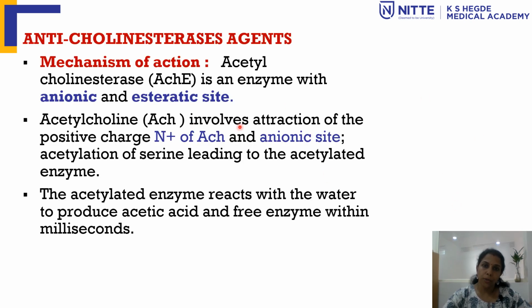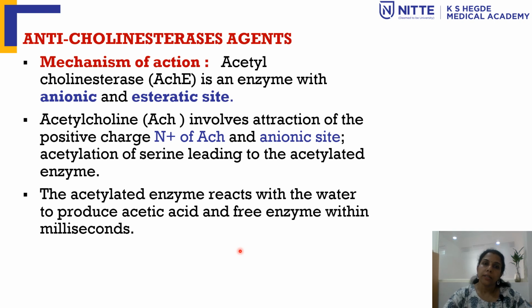So, as I told you, the acetylcholinesterase enzyme has an anionic site and an esteratic site. There is electrostatic attraction of the N plus of acetylcholine to the anionic site, and a nucleophilic attack on the hydroxyl group of the serine. That's how it gets hydrolyzed within a millisecond.